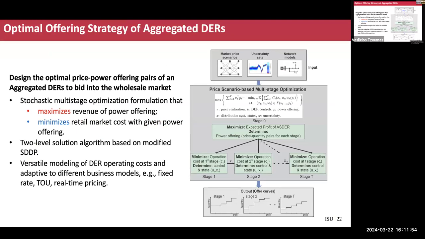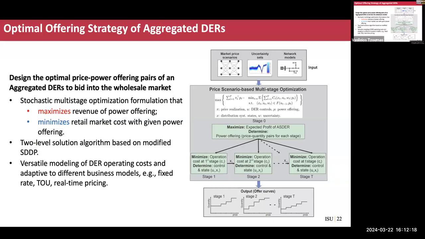We're deriving a stochastic multi-stage optimization formulation that maximizes the revenue from power offering. By maximizing the revenue of power offering, we mean we want to offer, for the given price, as much power as possible. So we get this revenue, which is the product of the price and the power offering. At the same time, we want to minimize the retail market cost with the given power offering.